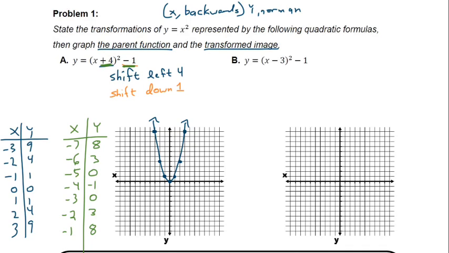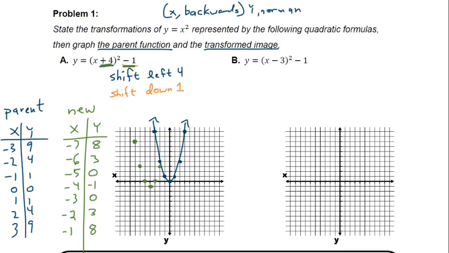Okay, so this is your parent, and this is your new image. So -7, 8. -6, 3. -5, 0. -4, -1.